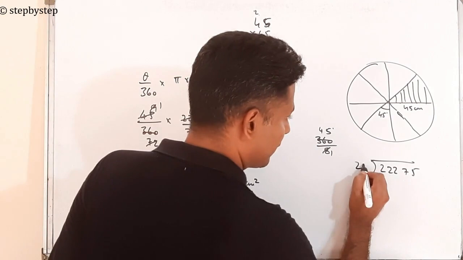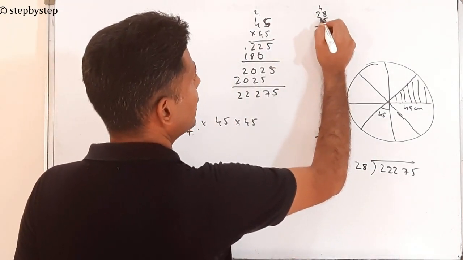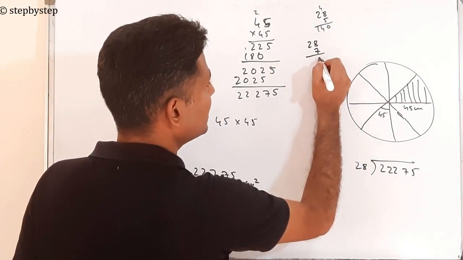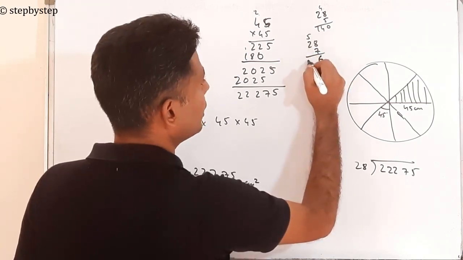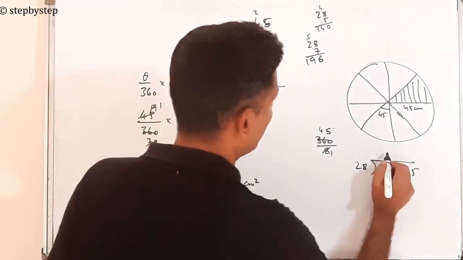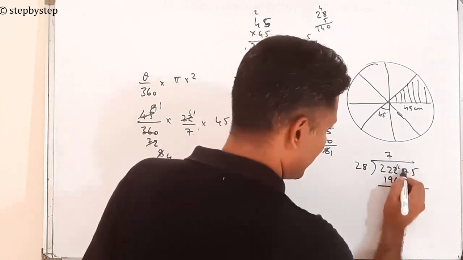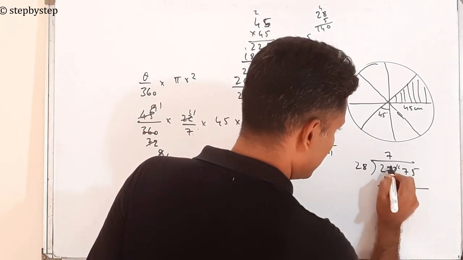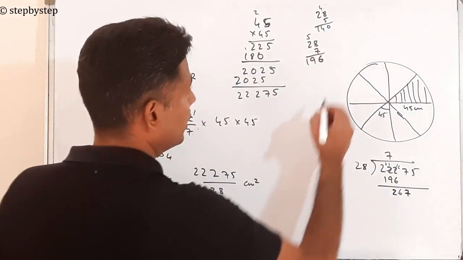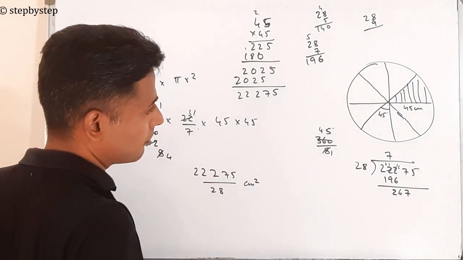Now dividing by 28. 28 into 5 is 140, which is less than this. 28 into 7 is 196, and the next will be more. So subtracting, 267 comes down. So 28 into 9, will it be less than 267?